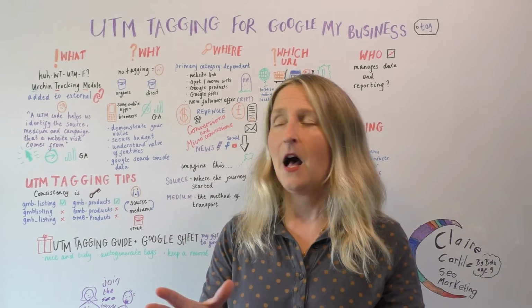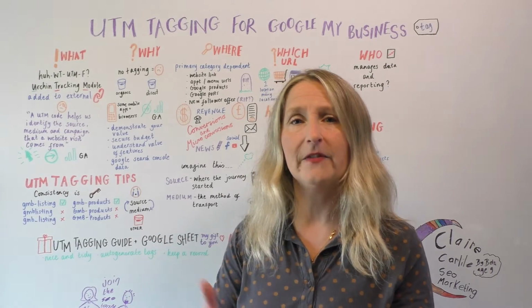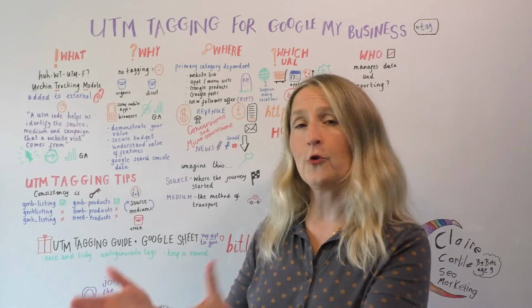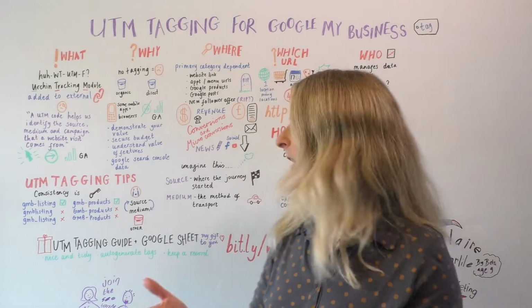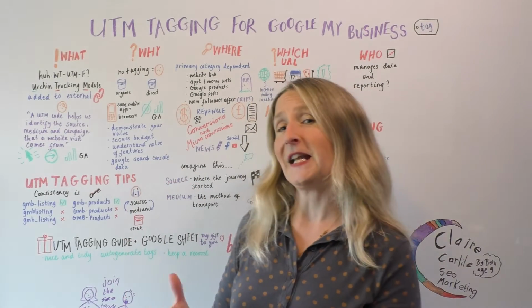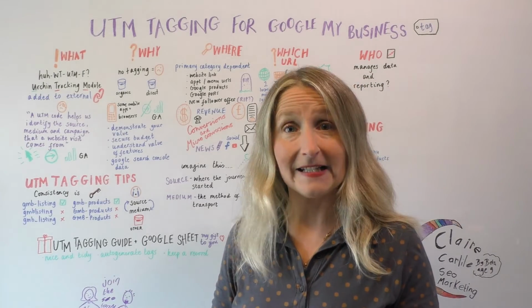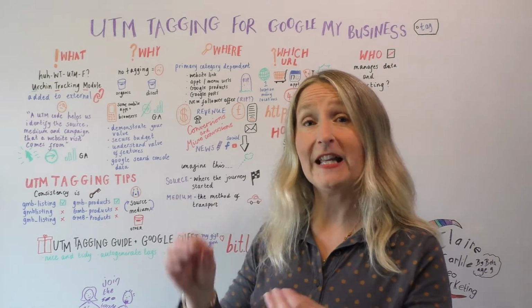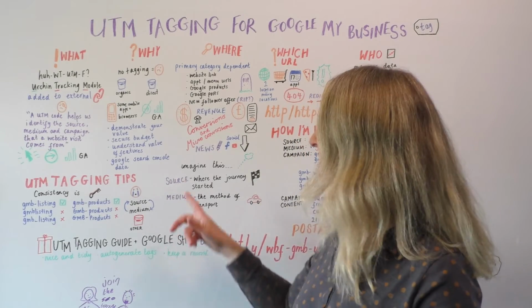So we can say Google Posts is more valuable to this client than Google Products, or Google Products refers less traffic, but at a rate that converts higher. Also, we'll get the Google Search Console data for those UTM tagged URLs. So we'll see the query data, we'll see what queries are actually driving impressions and clicks on these UTM tagged URLs.